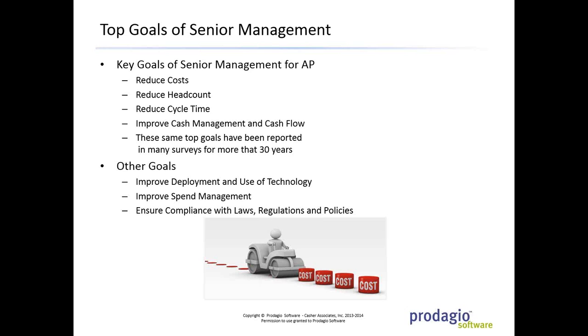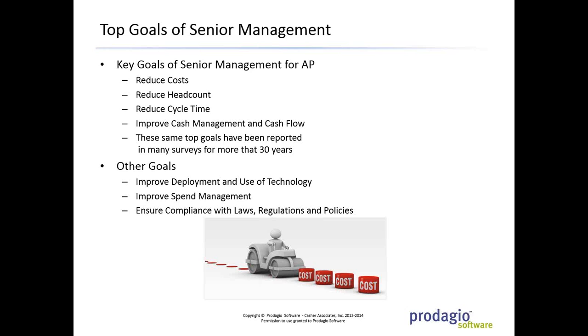What senior management oftentimes doesn't realize is the amount of time that it takes an invoice or an expense report to get to accounts payable is oftentimes much longer than the amount of time that it takes for an invoice to get through accounts payable. In fact, the ratio of to-AP versus through-AP is oftentimes 8 or 10 to 1.